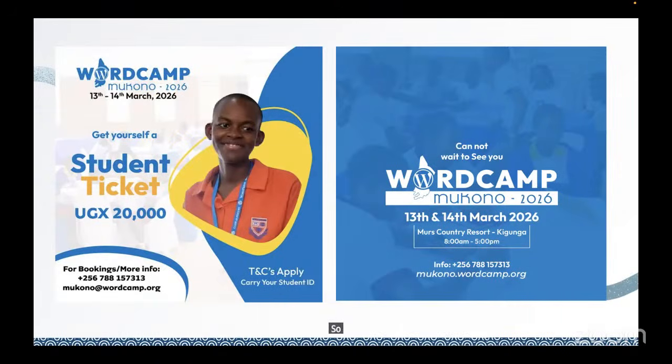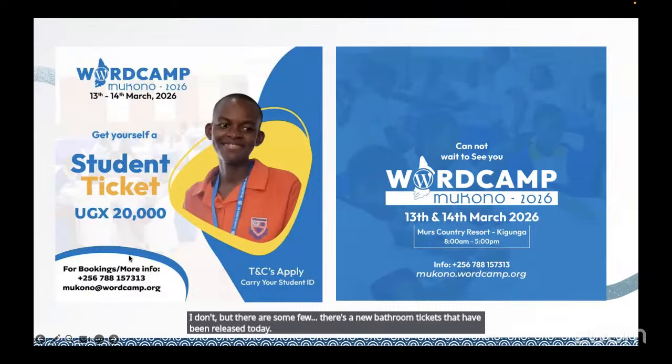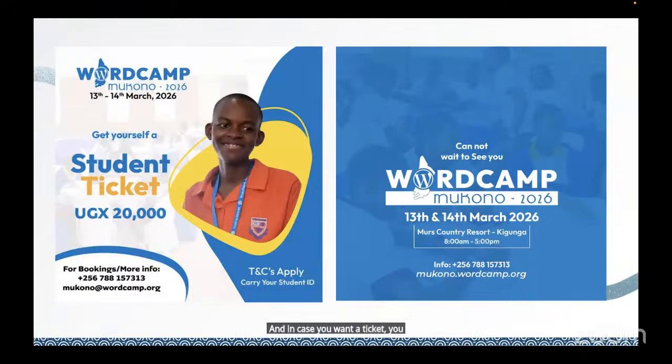So WordCamp Mukono is on this Friday, and they have opened up some tickets today for students. Already, many tickets are sold out for adults, but there's a new batch of tickets that have been released today. And in case you want a ticket, you just call Mr. Moses himself directly.